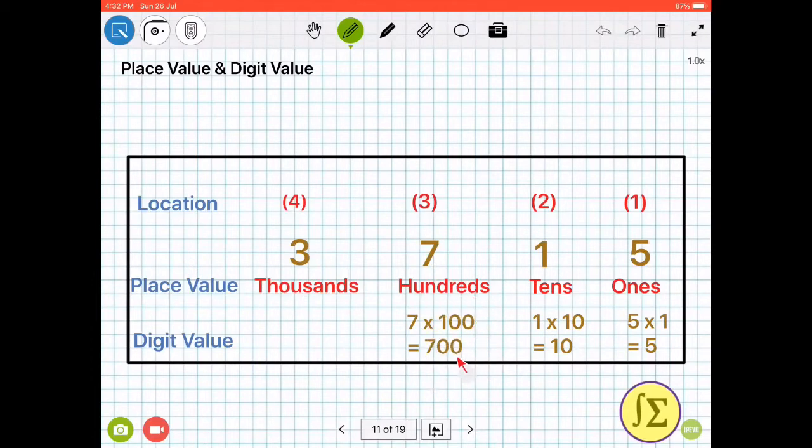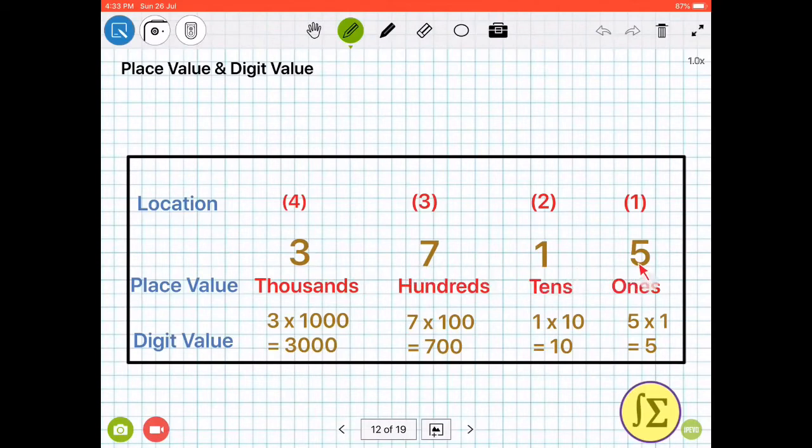You get 700. So the value of the digit 7 in this number is 700. Let's look at the last one. It's the fourth number, in the thousands place, or the thousands column. So the value of the digit is 3. You multiply that by 1000, you get 3000, which is the value of this digit 3 in this number 3715.